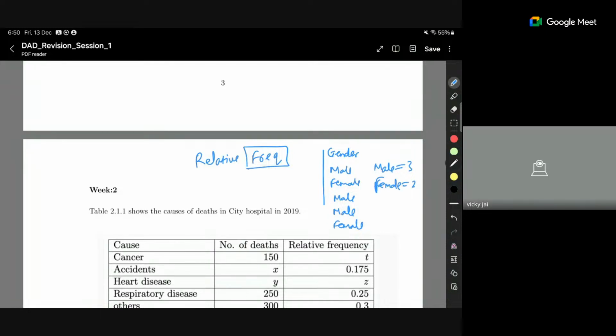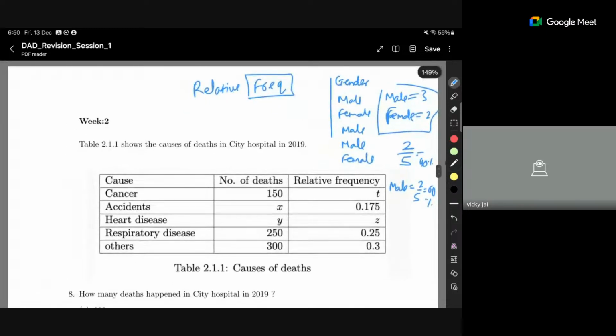If we have this kind of data, we can get to know other things about it, like how many percentage of females are there. You can do 2 by 5, whatever is available by total, so you will know it is 40%. Then for males you can do 3 by 5, and you can say 60%.